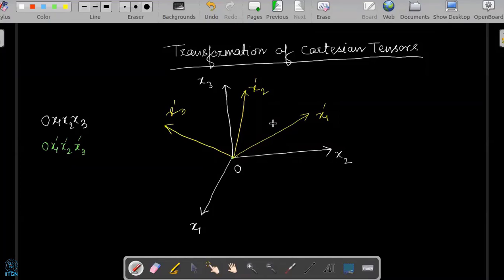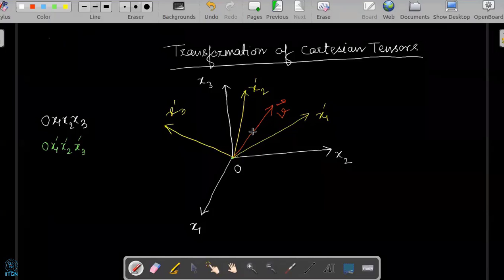So now we will see, if we have a vector v in this space, earlier we defined this vector v in O, x1, x2, x3 space, and we got some components v1, v2, v3. Now if I want to get v1 dash, v2 dash, v3 dash, meaning the components of this vector in the new set of coordinate system, how do we do that?